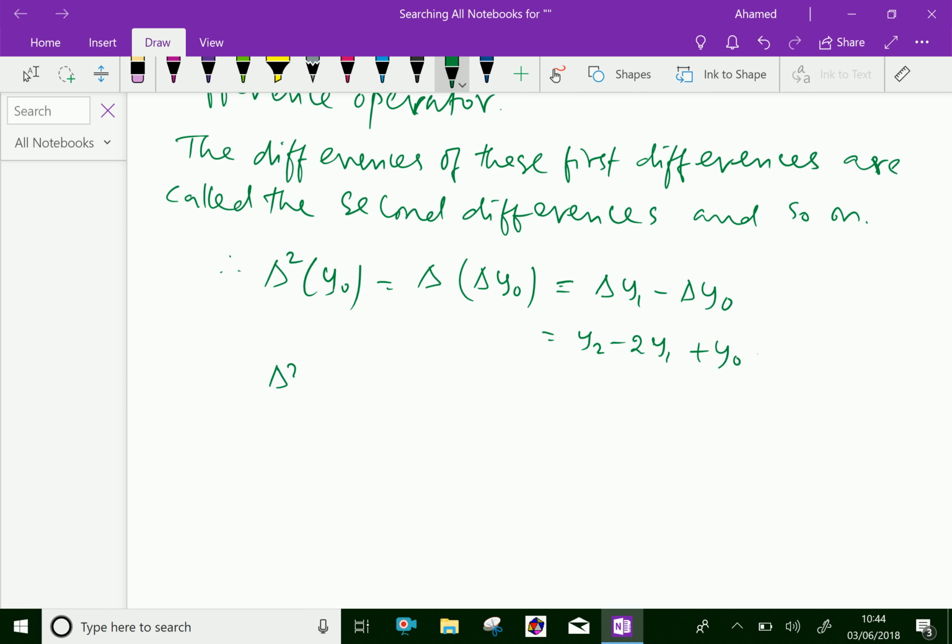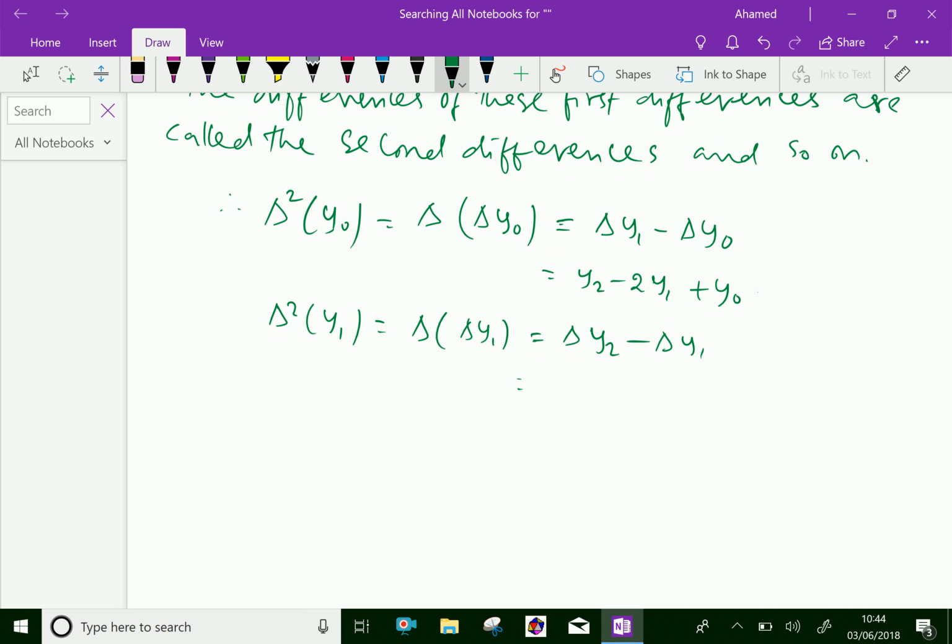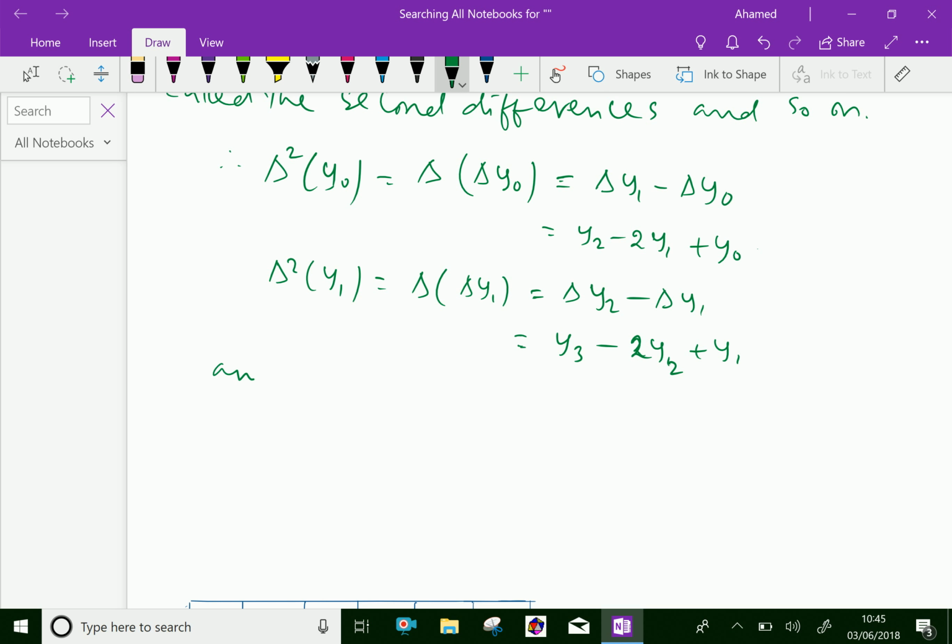Similarly, delta square of y1 equals delta of delta y1, which equals delta of y2 minus delta of y1, which equals y3 minus 2y2 plus y1, and so on.